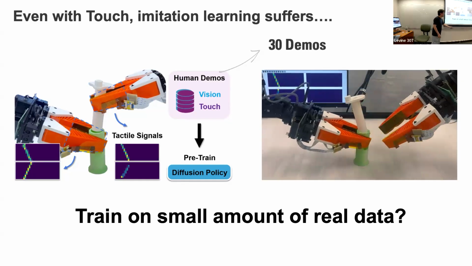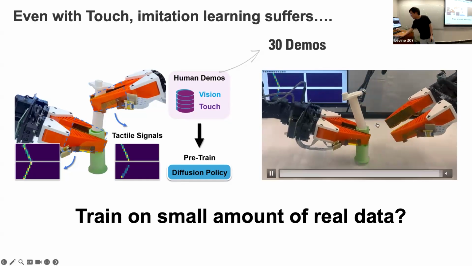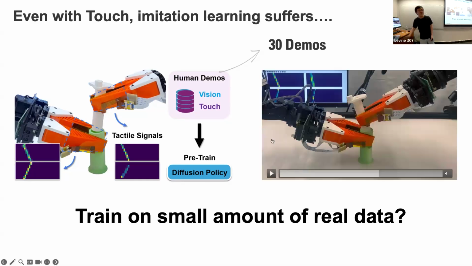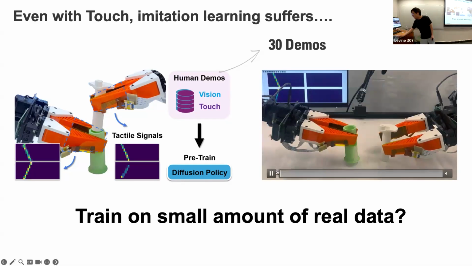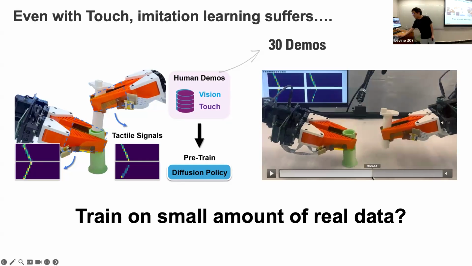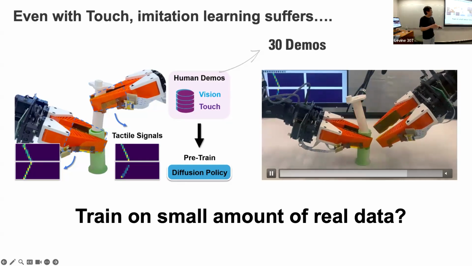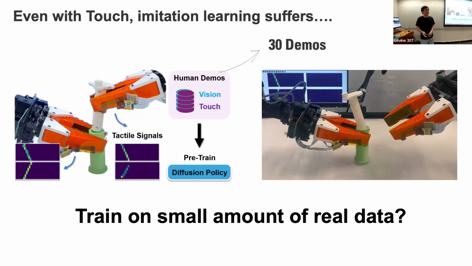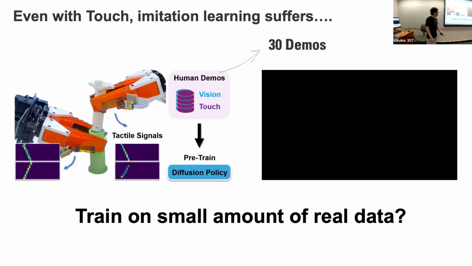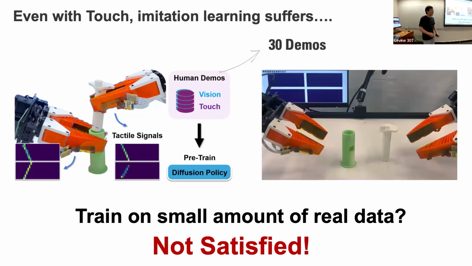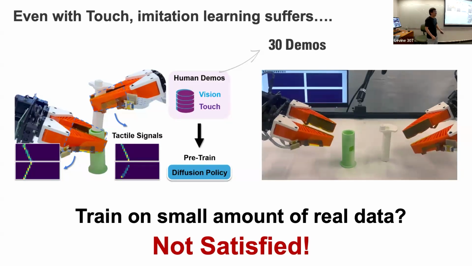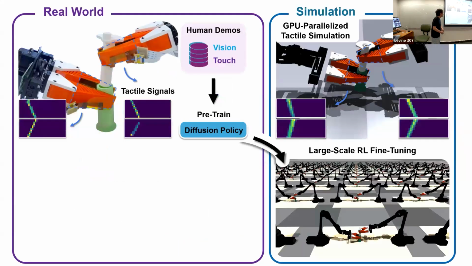The robot performs the insertion, and it also inserted to an accurate pose, but it didn't complete the task because it's just simple imitation learning. The robot mimics the motion, but it doesn't care if the task has been completed. So we're definitely not satisfied with that.